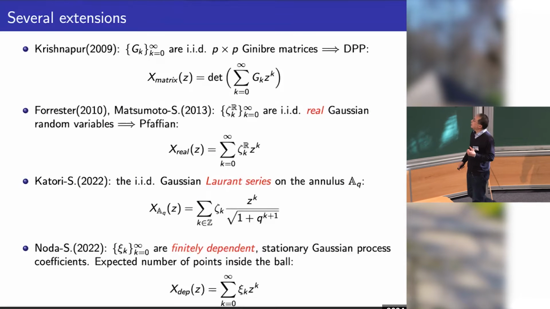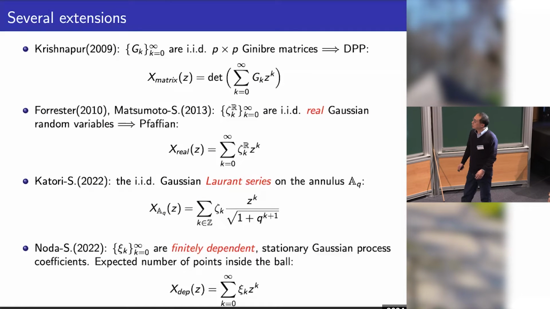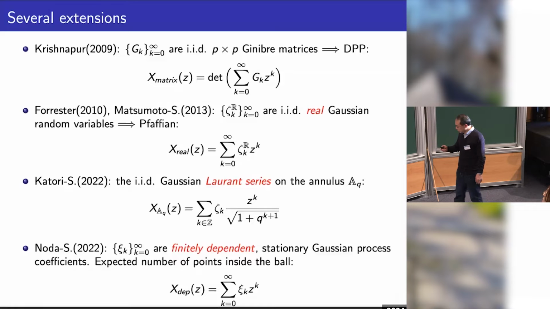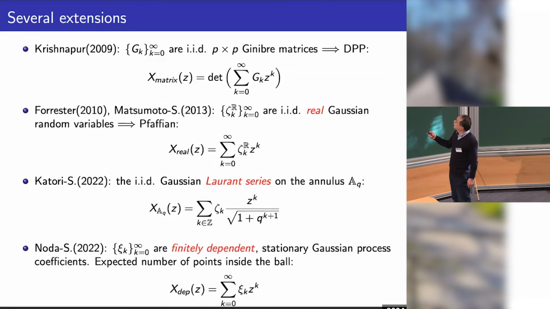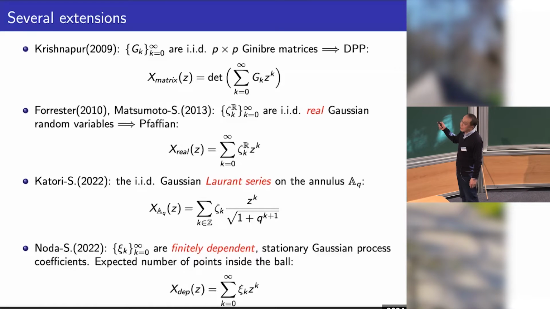After the Peres-Virag work, there are several extensions. For example, Krishnapur extended it to the matrix case, where G_K is a P by P Ginibre matrix, meaning each element is i.i.d. complex Gaussian. Then you also have a determinantal point process for these zeros.